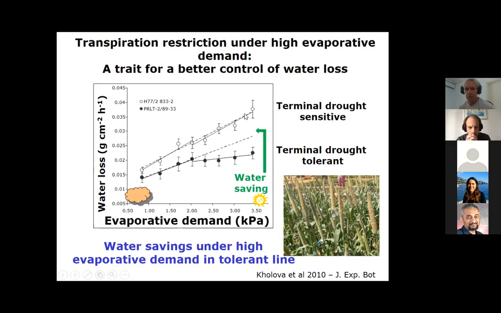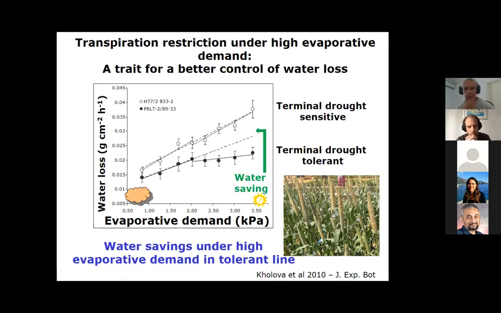So the atmospheric evaporative demand increases, the plant responds. In the case of this other genotype, or cultivar if you prefer, we've got a lower loss already, but past a certain level of vapor pressure deficit, we've got even a further restriction in those water losses. And so we've got two different cases in two different cultivars.